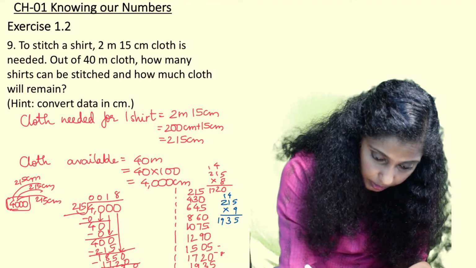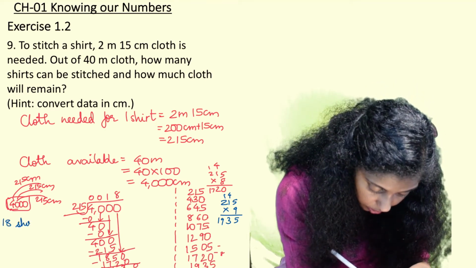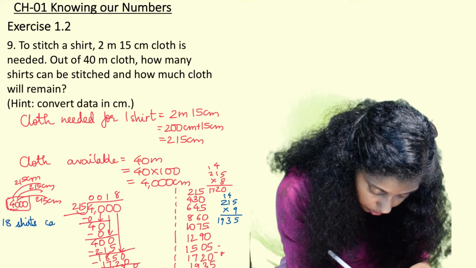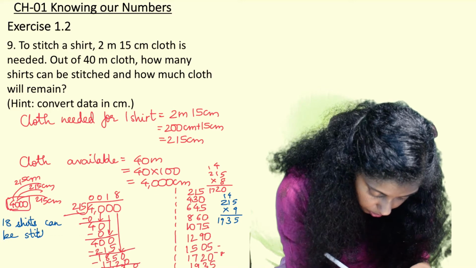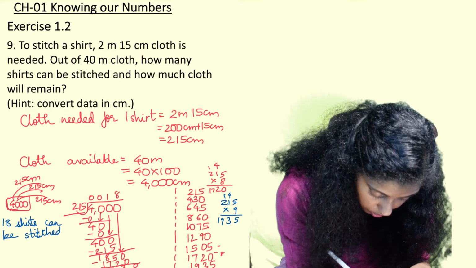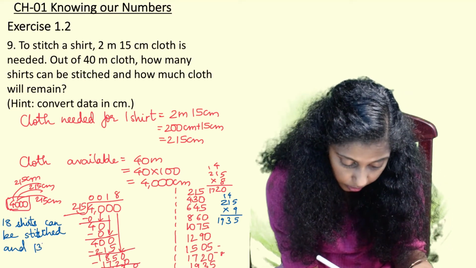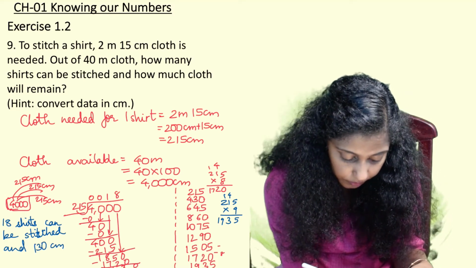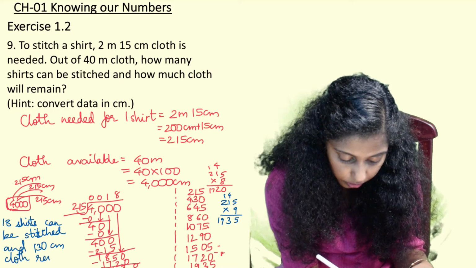So we are writing here the answer: 18 shirts can be stitched and how much cloth? 130 centimeter cloth will remain.